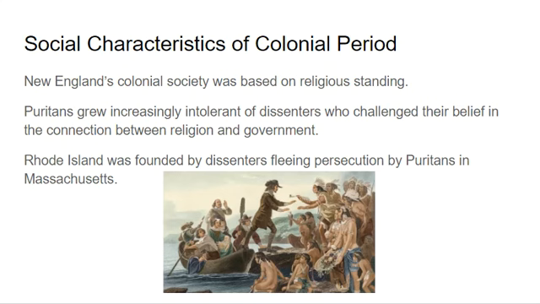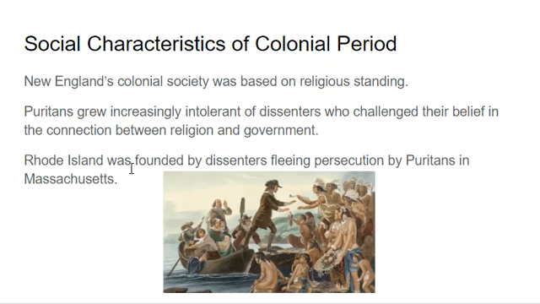However, Puritans themselves, once they got to New England, grew increasingly intolerant of dissenters who challenged their belief in the connection between religion and government. Dissenters are people who did not agree with them, and they were intolerant of dissenters.